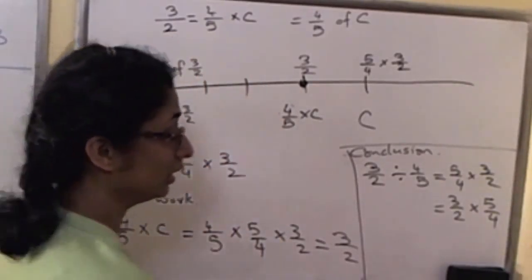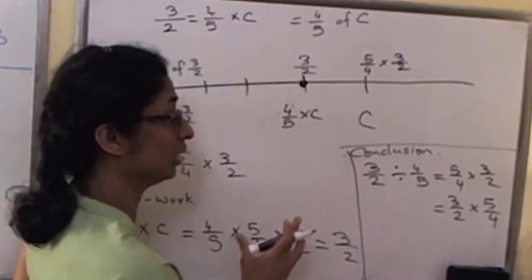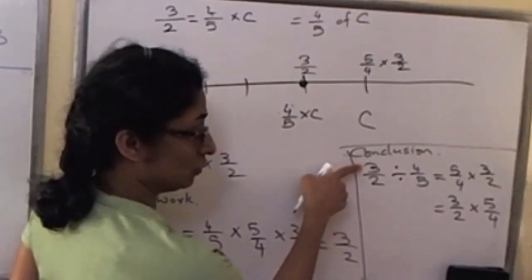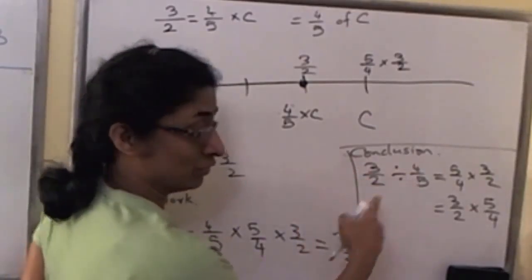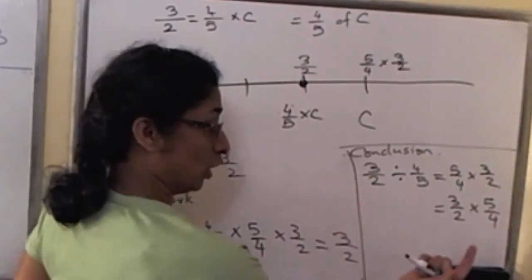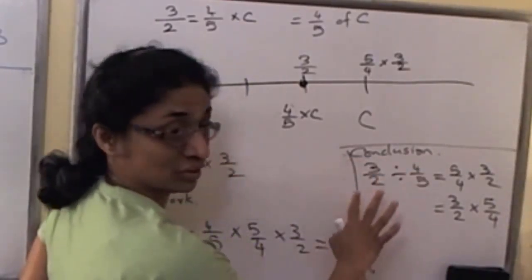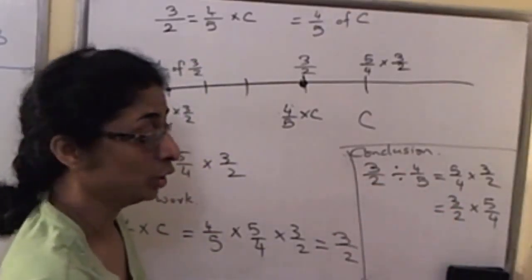And in fact, it will always happen. The logic we used here can be applied to any other situation where you replace 3, 2, 4, 5 by other whole numbers, always making sure you're dividing a fraction by a non-zero fraction. Then this will always happen.